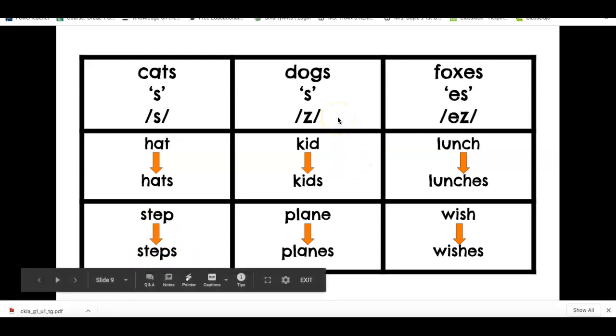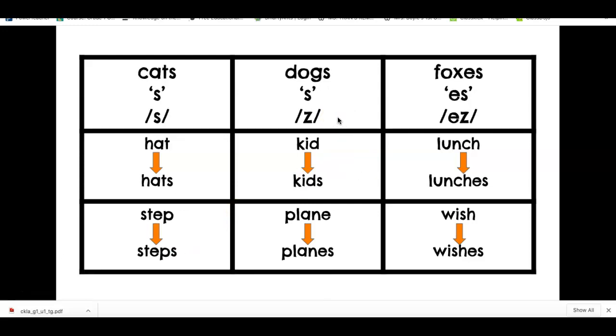Sometimes when we add the S to the end of a noun to change it to a plural noun, it makes the Z sound instead. For example, I have a lot of dogs. Even though it ends with the letter S, it's a tricky S because it makes the Z sound. Let's change this noun kid into a plural noun. I see one kid.